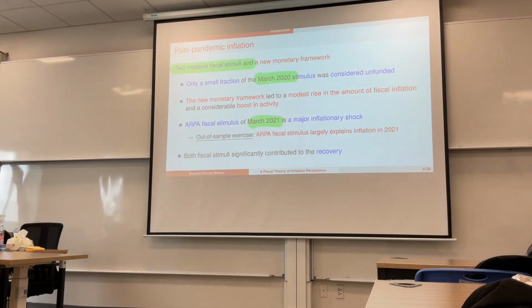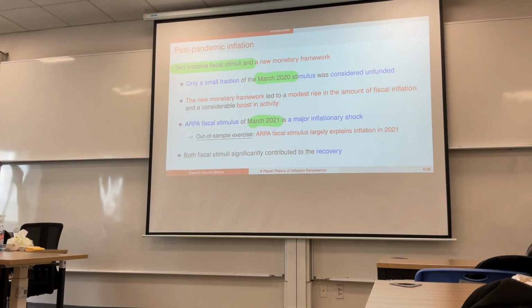So the first stimulus was put together by Trump, okay? The second stimulus was put together by Biden. And again, I'm a consumer. I don't side with the authors, yes or no, and I'm not supporting this or not.